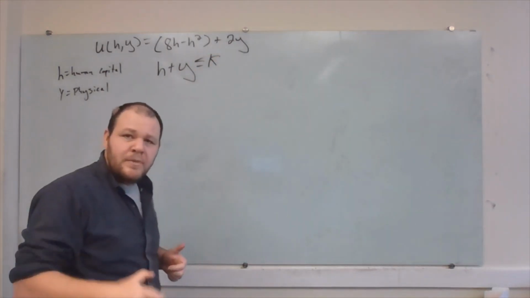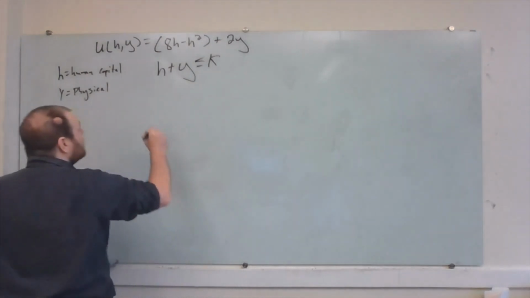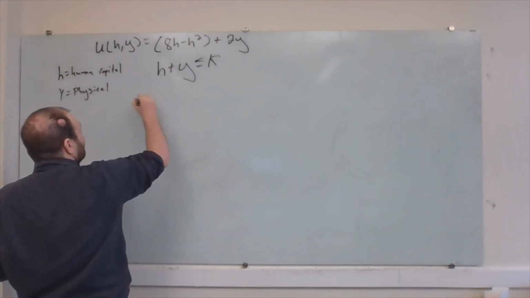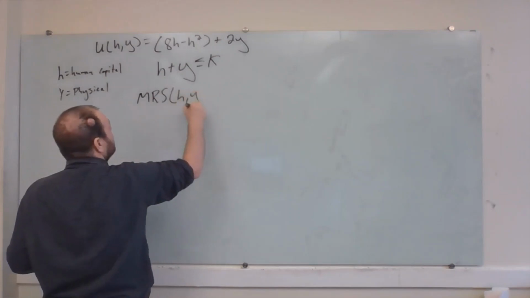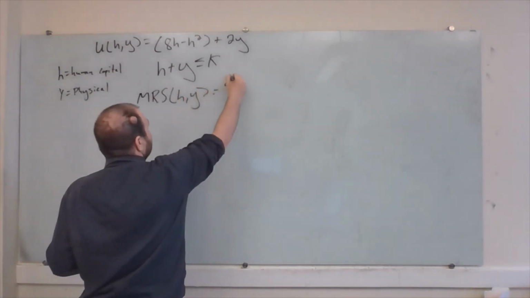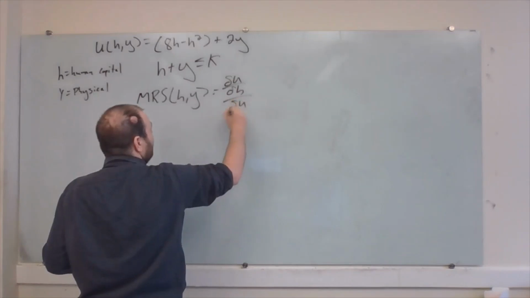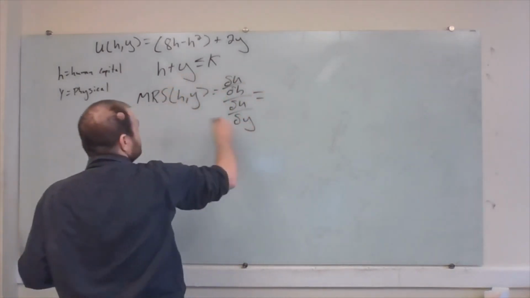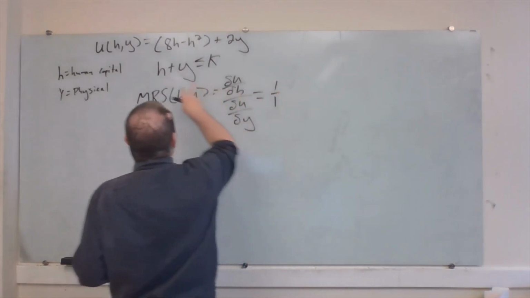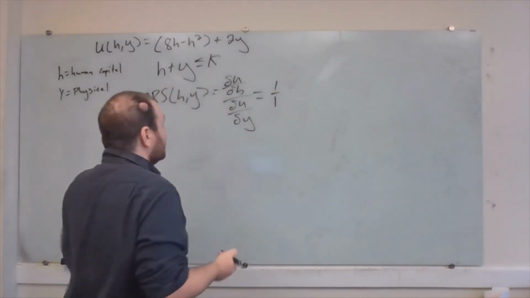Sound good? So in this simple model, we know that your optimal choice of human capital is going to be where your MRS, which is du dh over du dy, is equal to the slope of your budget constraint, which is 1 over 1, and where h plus y is less than or equal to k.